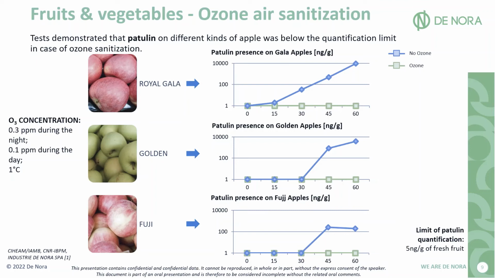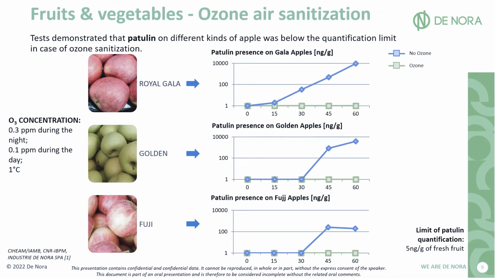As you can see here, we can see the level of mycotoxin on the products, and if you use ozone, you have no development of mycotoxin. If you don't use ozone, after 1 month of storage, the mold starts to grow.